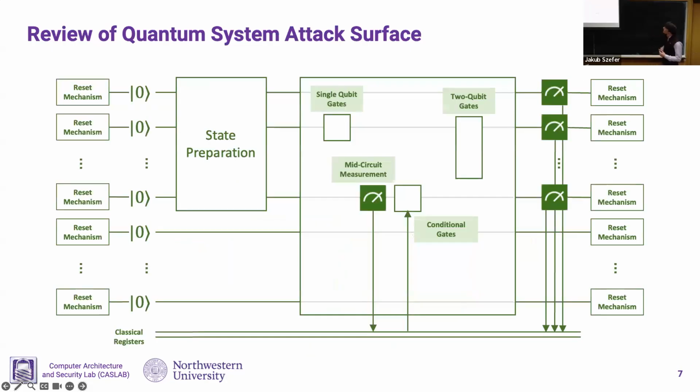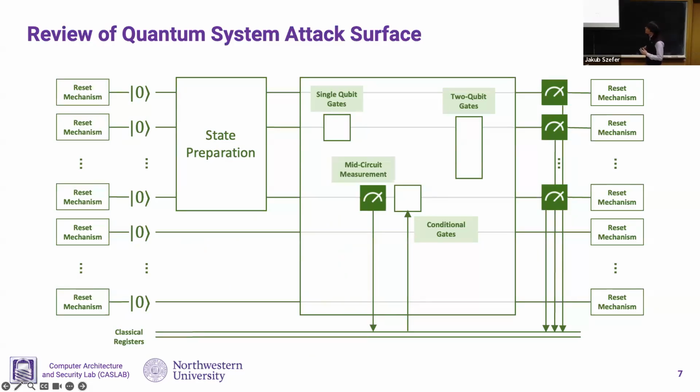Continuing the brief review, we talked about the structure of a typical quantum circuit. Pretty much all quantum circuits follow this structure where you initialize the qubits, usually into a ground state. Then you do some state preparation to put them in the initial state. Then you do the computation, and then you read out the results.